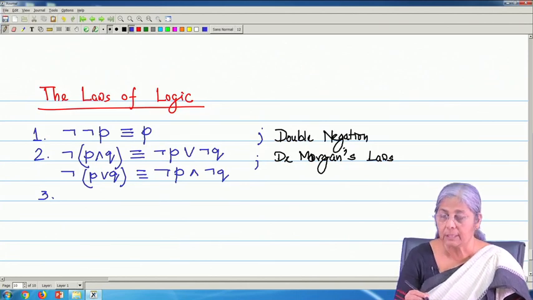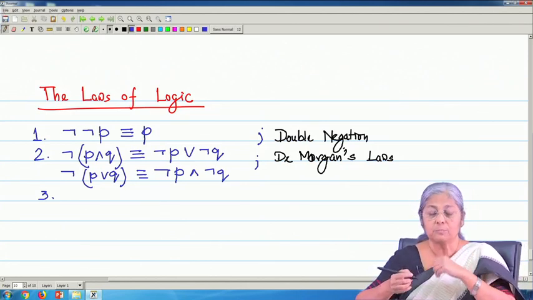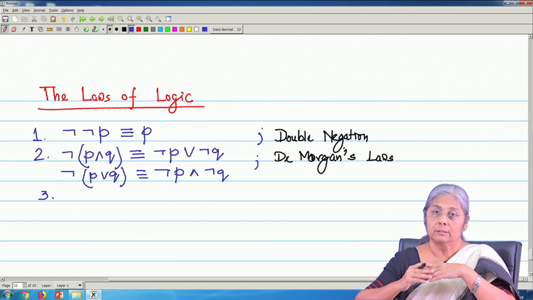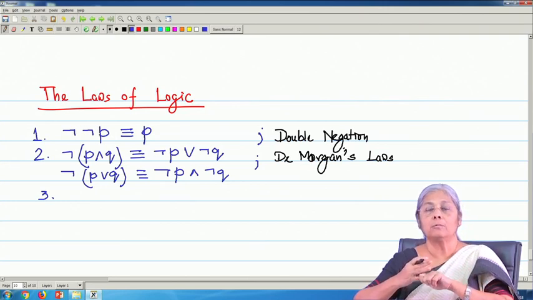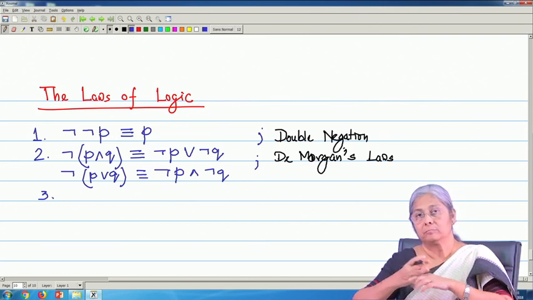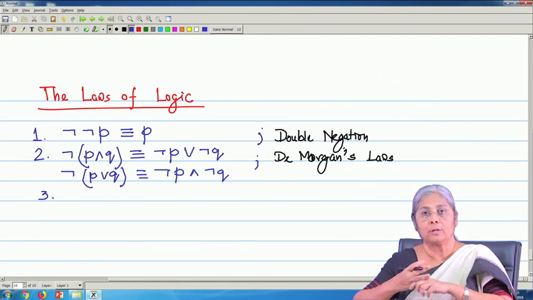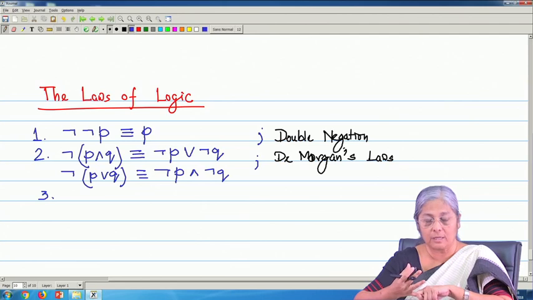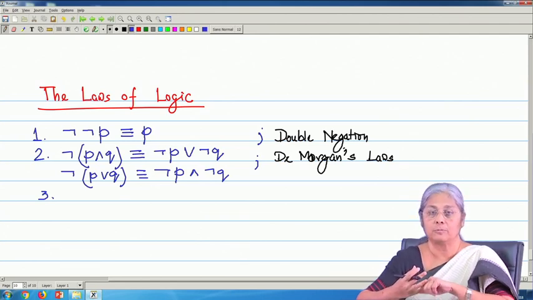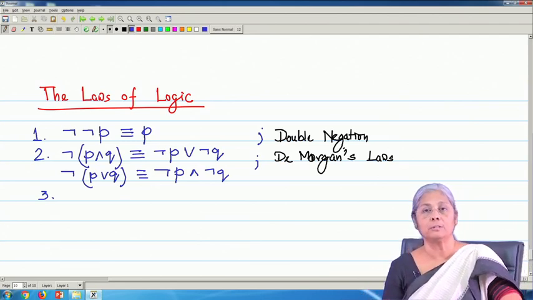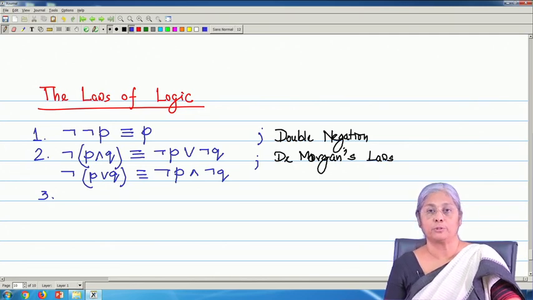Now, we see that these propositions follow our basic algebraic laws, like commutative, associative and distributive laws. That is why sometimes we call these the laws of propositions.